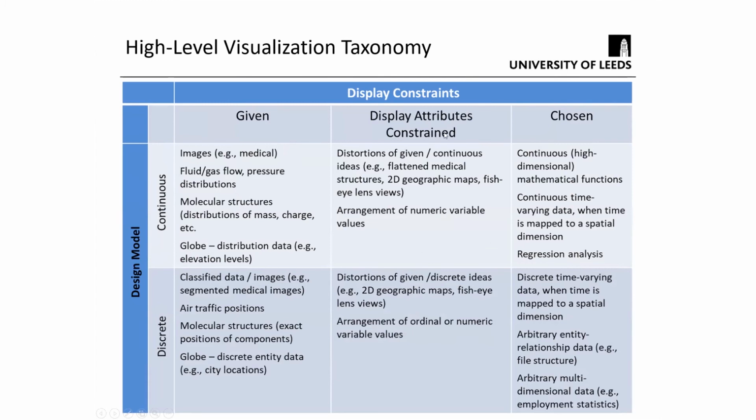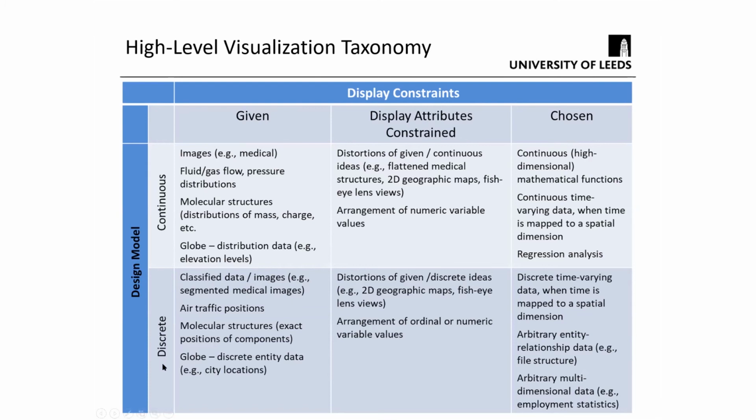And then these are the types of display attributes that you might have, which are distortions, structures, features, fisheye lenses, arrangement of numerical values. And then you can choose which ones you're going to use. So you can have time varying, regression analysis.